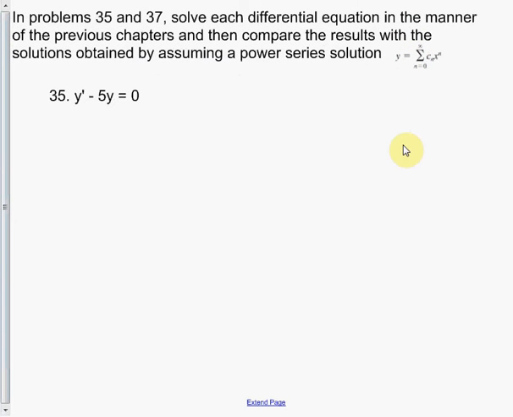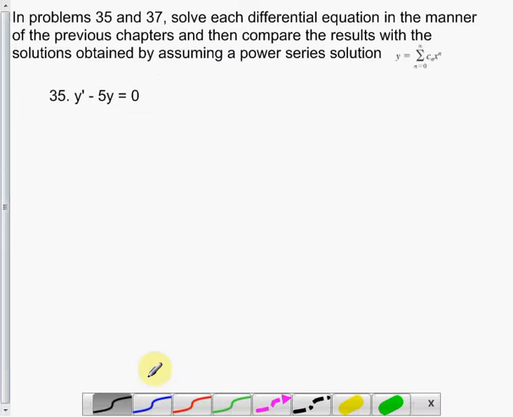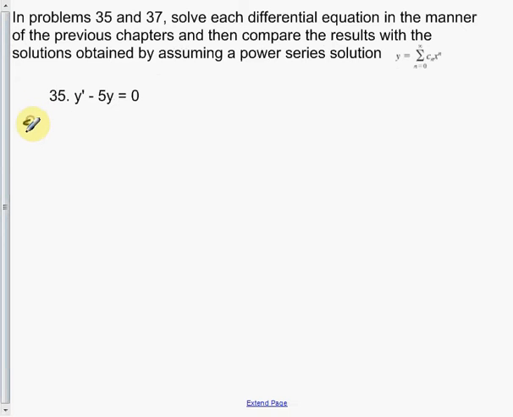All righty, good. Let's solve this just from how we solved these problems a long time ago. So here, y prime is equal to 5y. You know that this is dy over dx is equal to 5y. Separate the variables.